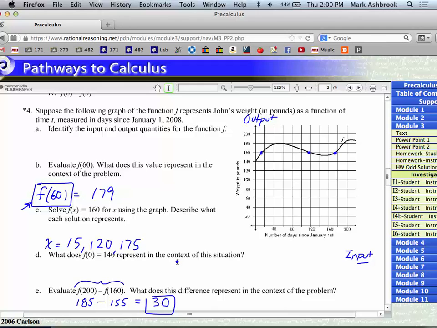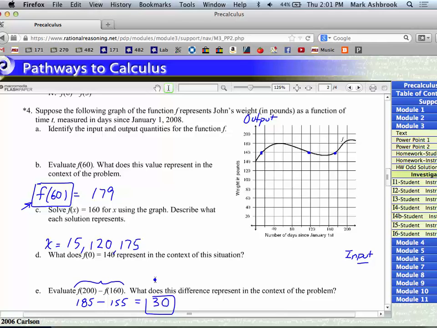Change between days and... So is it a change in weight or is it a change in number of days? Change in weight. And which change in weight is it? Since changing the weight between 200 days after January 1st and 160 days. Okay, but that's 2 different weights. You just said 2 different weights. So the change from when to when?